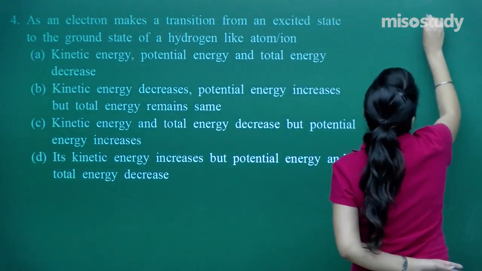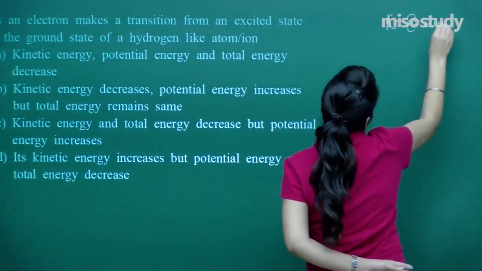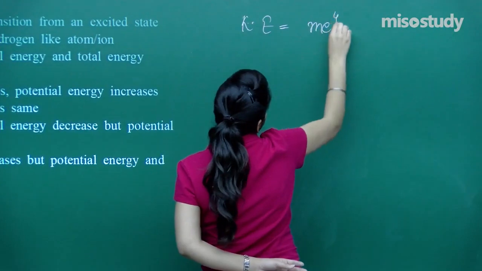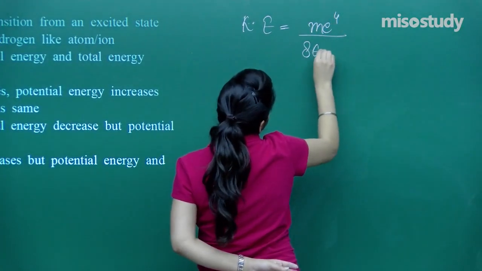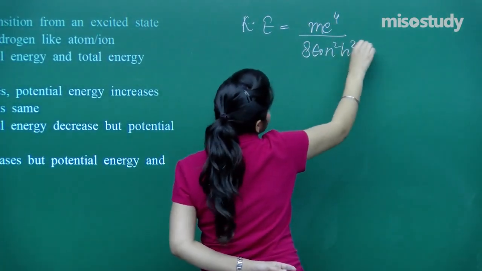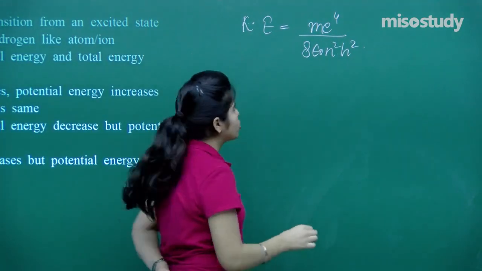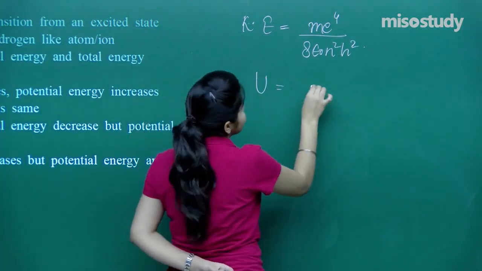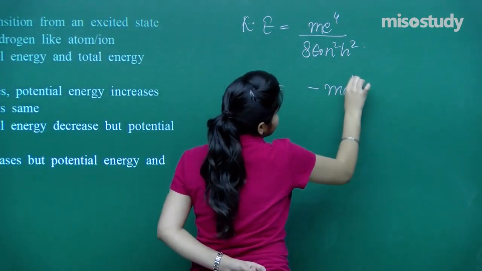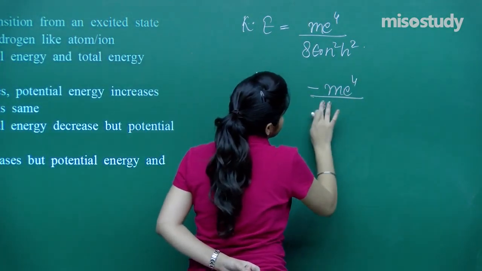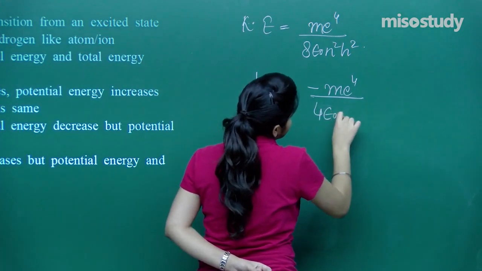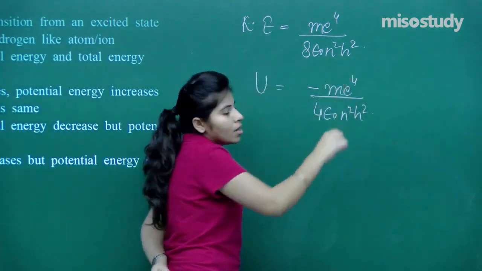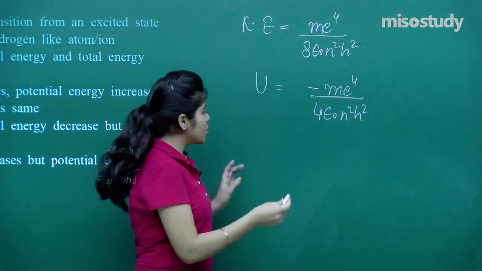So for that, we know that kinetic energy is nothing but, this is the formula of kinetic energy. And if I will be writing about potential energy, that is nothing but... and you know that total energy is what?